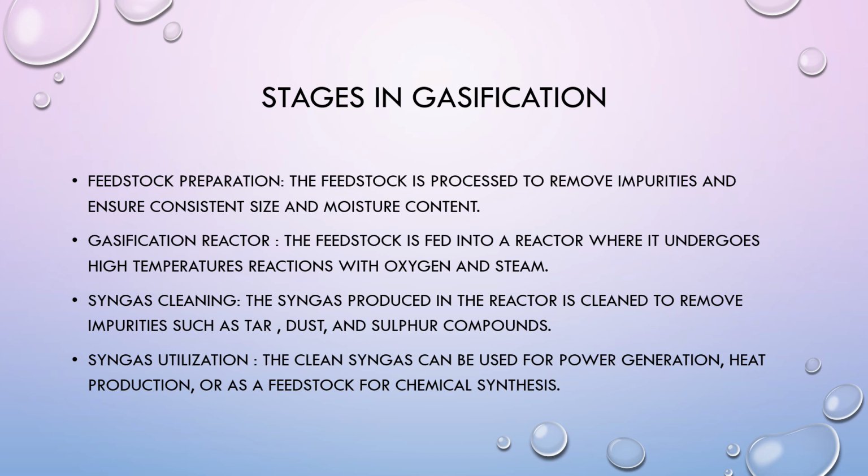They are basically gases from non-fossil sources produced through pyrogasification. And pyrogasification is a thermochemical transformation process which consists in heating carbon-rich matter to obtain a synthesis gas. So after the syngas has been cleaned, it can now be used for power generation and heat production.